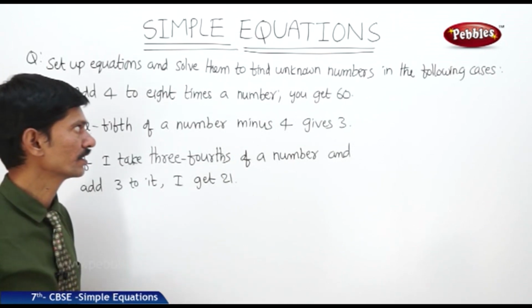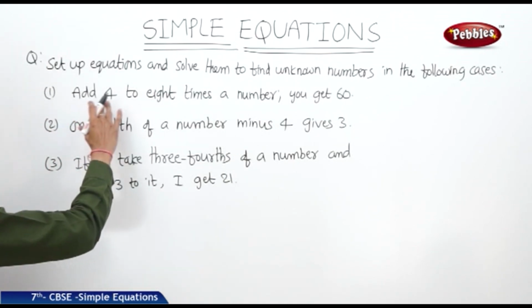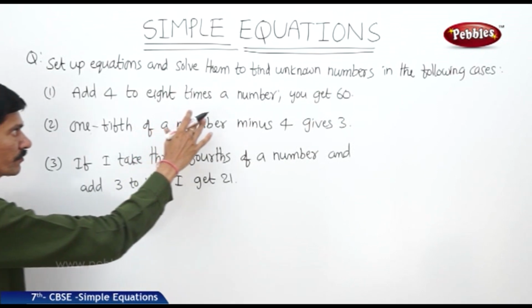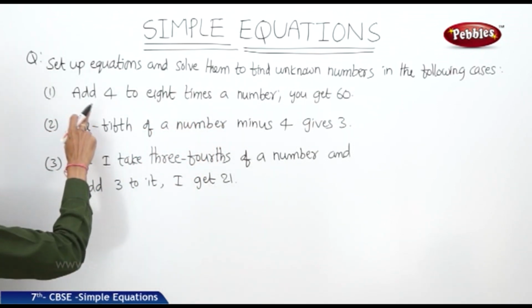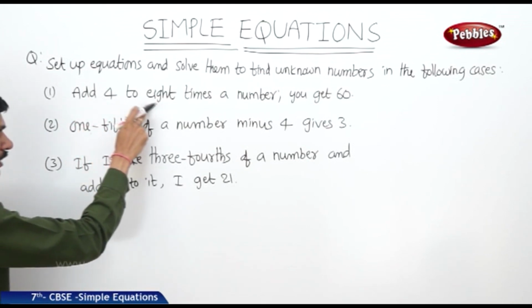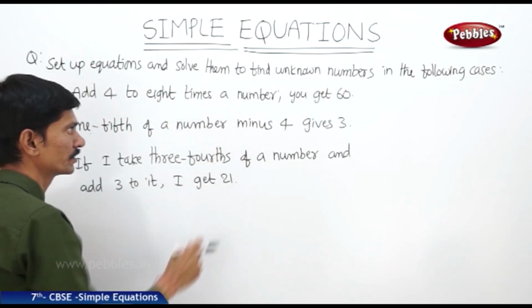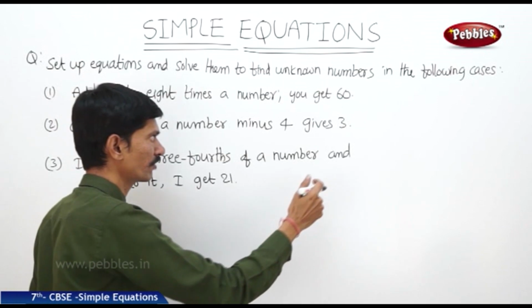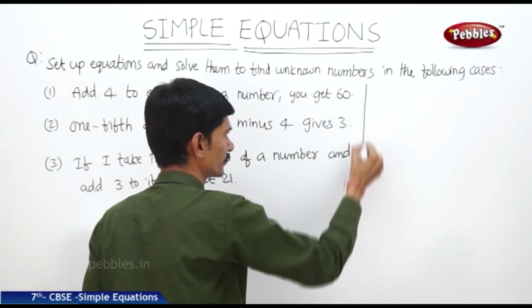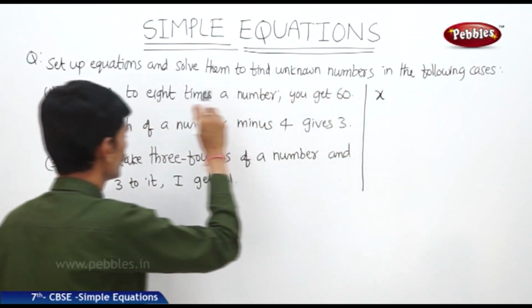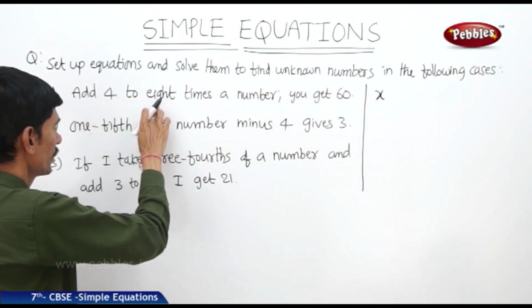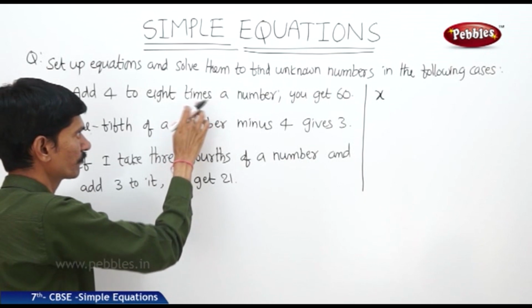Now let us solve the next question. Set up equations and solve them to find the unknown numbers in the following cases. Now the first question is, add 4 to 8 times a number, you get 60. So first let the required number be x. When you take the required number x, then add 4 to 8 times the required number.